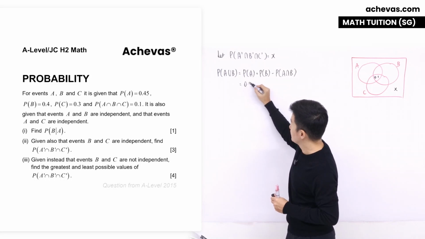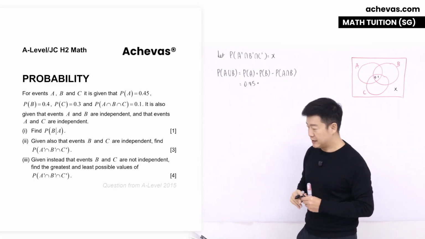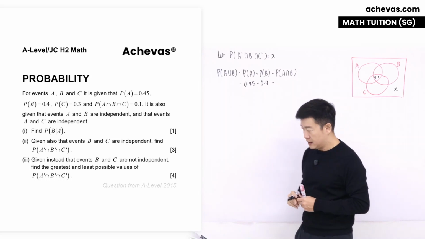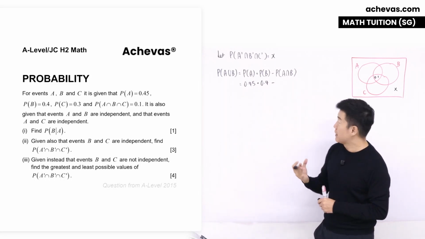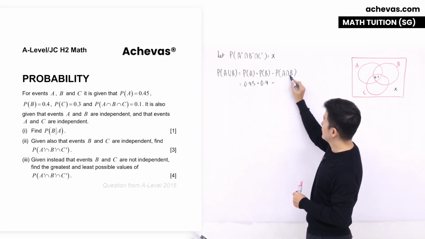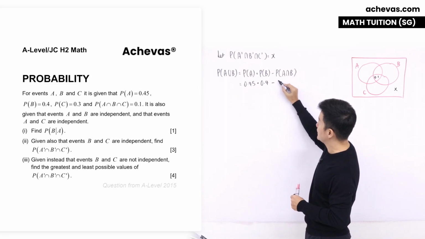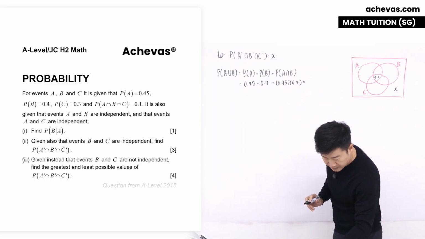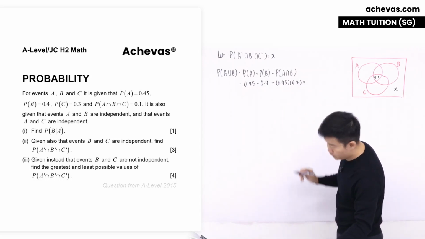This is equal to 0.45. Probability of B is also given to us. This is equal to 0.4. The question says that A and B are independent. So probability of A intersect B is going to be the probability of A multiplied by the probability of B. So it will be 0.45 multiplied by 0.4.